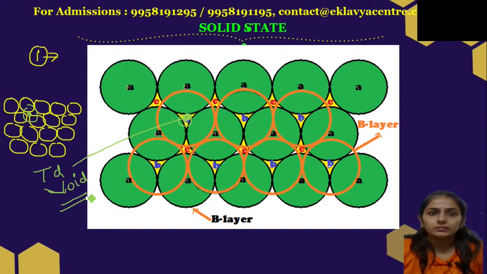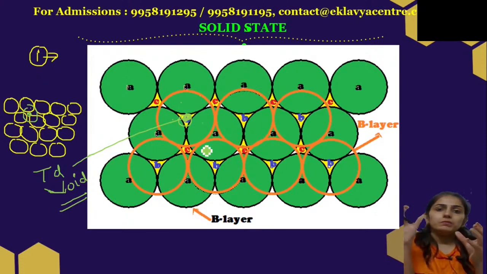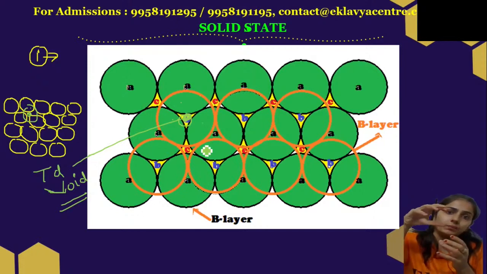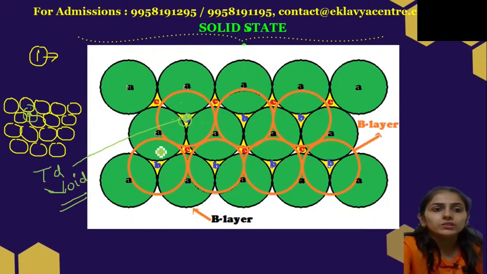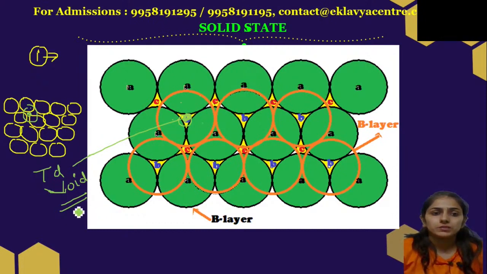Are you getting it? These are all tetrahedral voids, because when the B layer is just above the A layer, we get a void which is a tetrahedral void. Its name is tetrahedral because it's surrounded by 4 atoms.